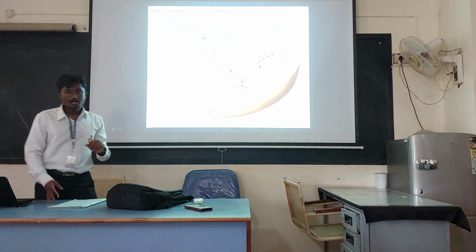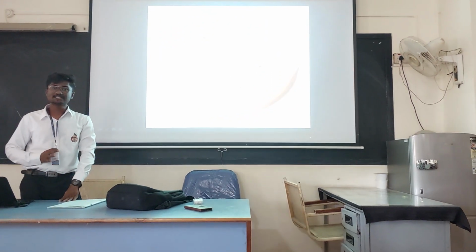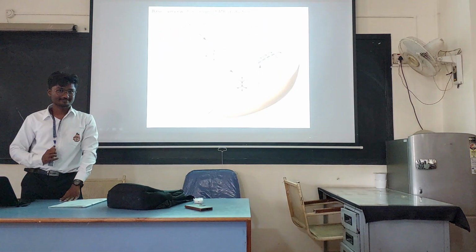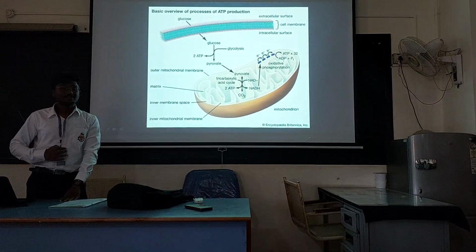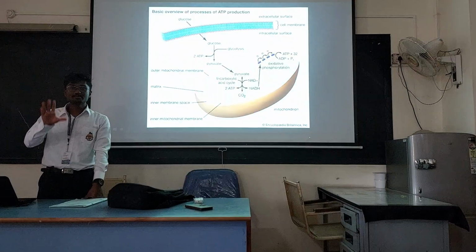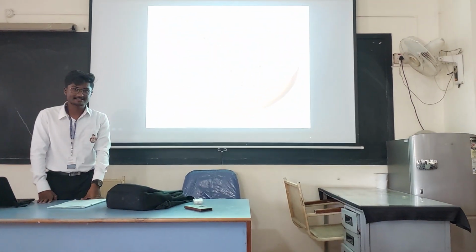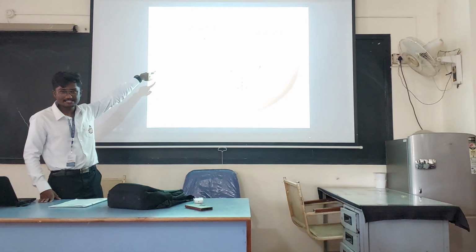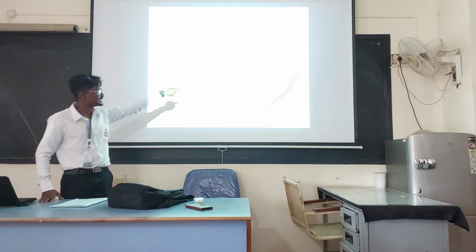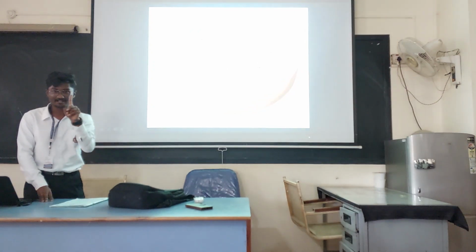Now, how many molecules of ATP are synthesized only in the mitochondria? 34. Using one mitochondria in a cell, how much ATP is synthesized? 36. Two from the cytoplasmic region, and 34 in the mitochondria. So totally 36, using only one mitochondria.